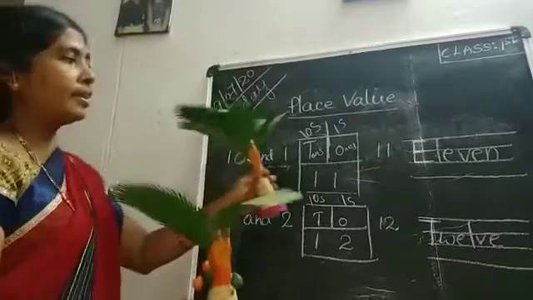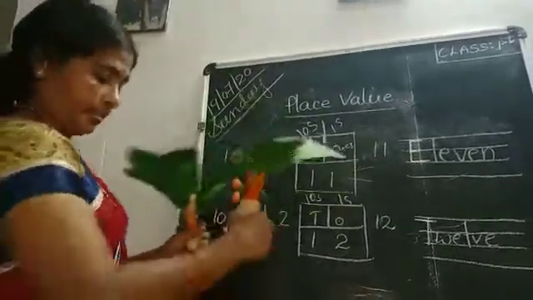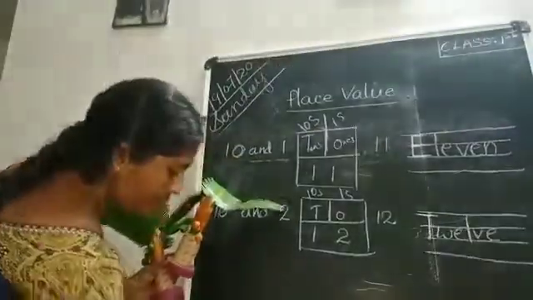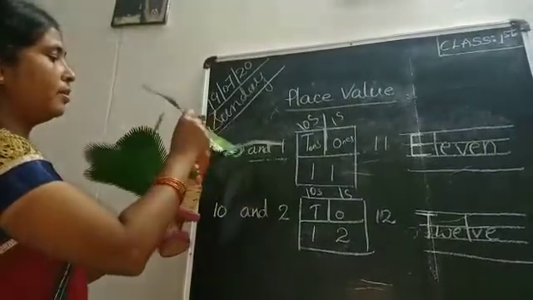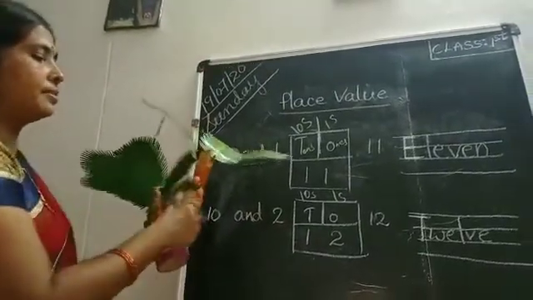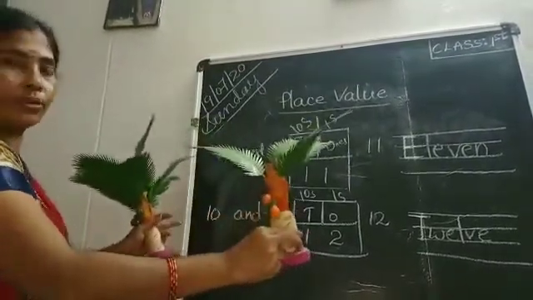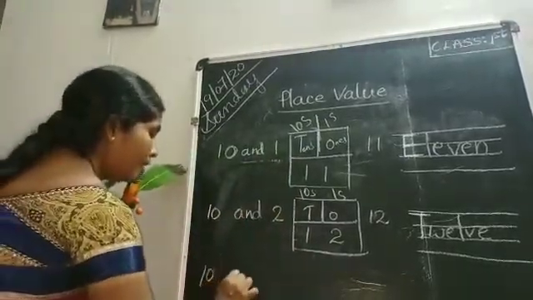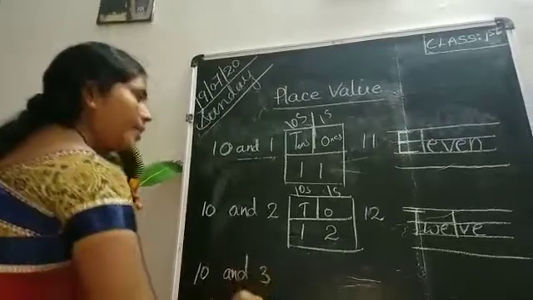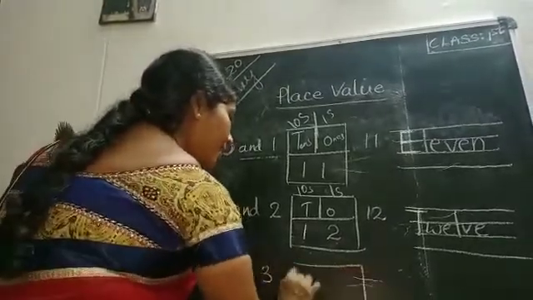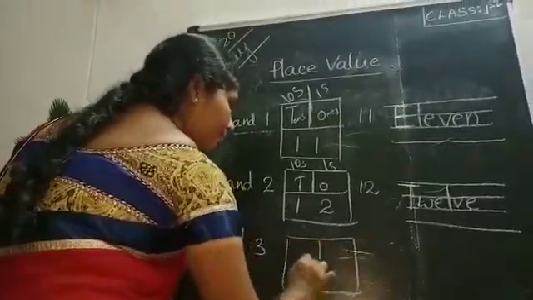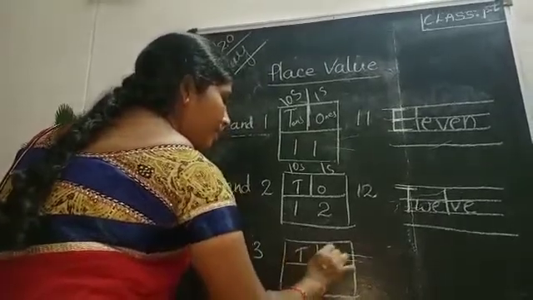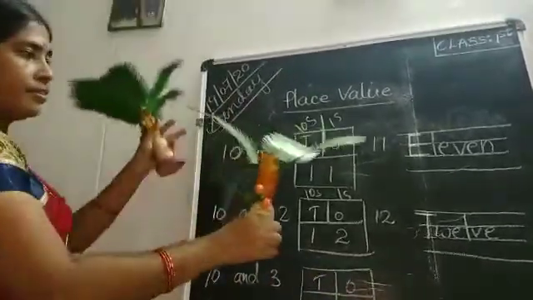See here again, one 10 and 3 ones. 10 and 3 more. See again here. Tens and ones. How many tens?